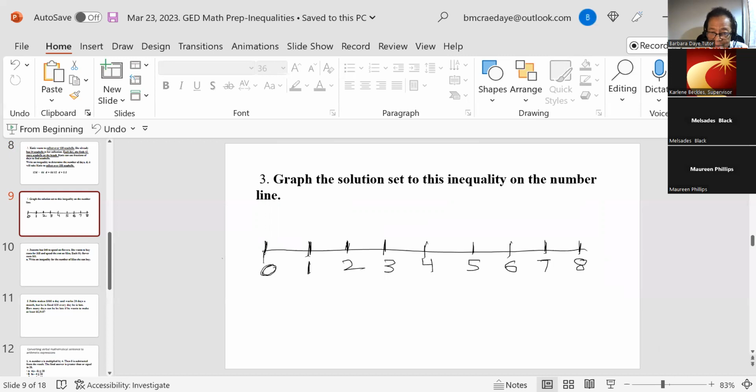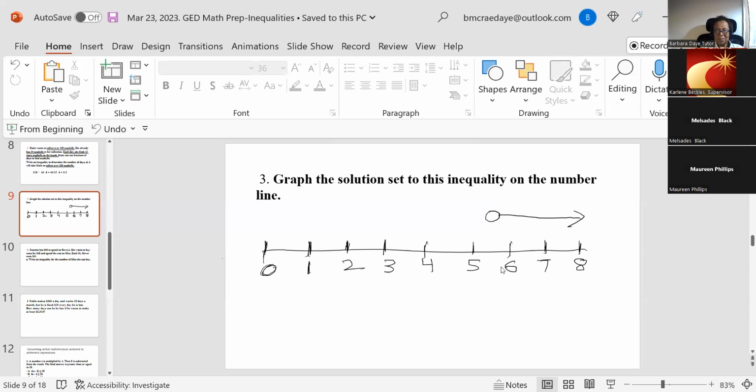So let's just put it here. Right. All right. So let's just put this, because this is about 5.5. Greater would go in this direction, right?